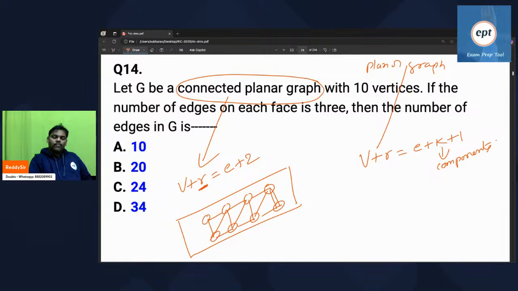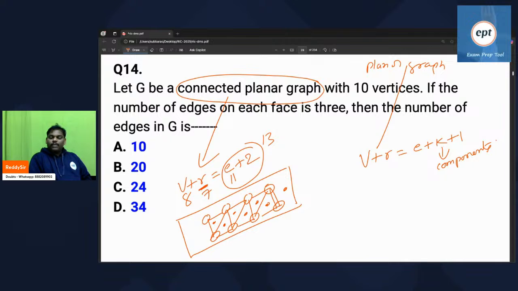In this graph, if you see, I think 8 vertices. Edges: 3 plus 3, 6, plus 2, 8, 8 plus 3, 11. 11 plus 2, 13. Number of regions: 1, 2, 3, 4, 5, 6, 7.